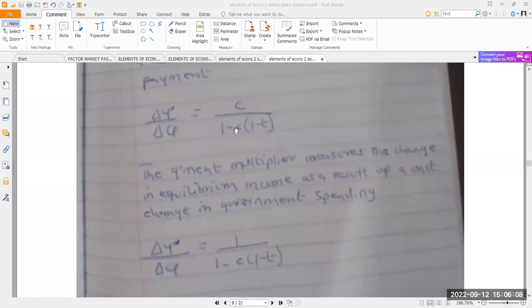If it goes to the consumer, remember, marginal propensity to consume is less than 1. So whenever there's an increase in the individual's income, he doesn't spend all, he saves some. So not all the transfer payments will be injected into the goods market. So not all will form part of the aggregate demand. For example, if C is 0.6, then it means that if the government transfers 1,000 Ghana cedis to the individual, he will only spend 600 Ghana cedis and save 400.